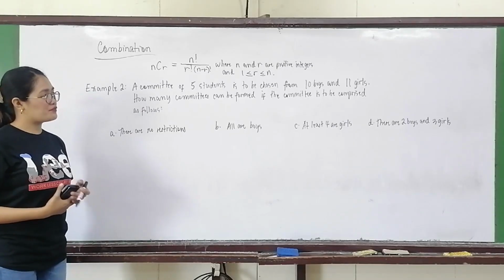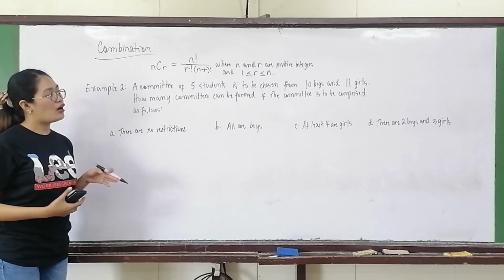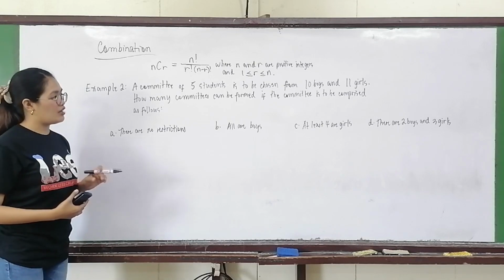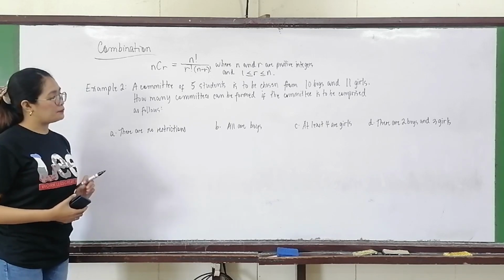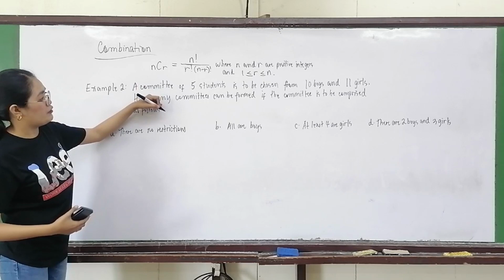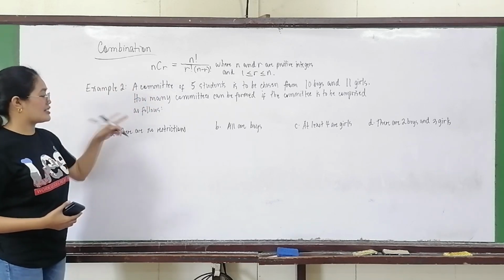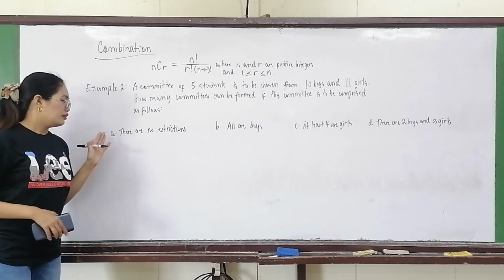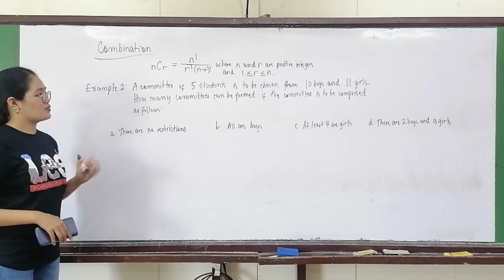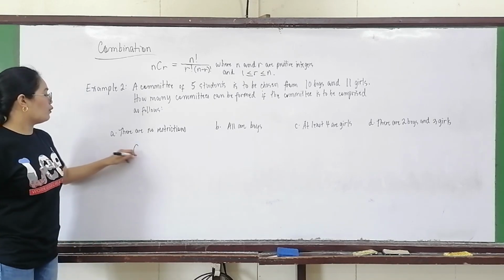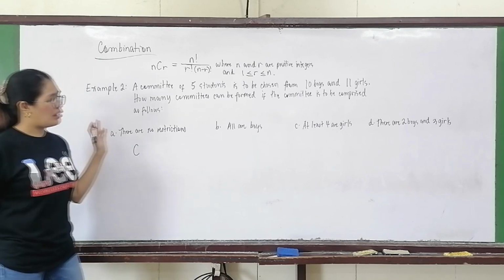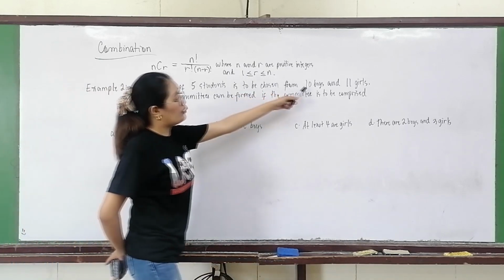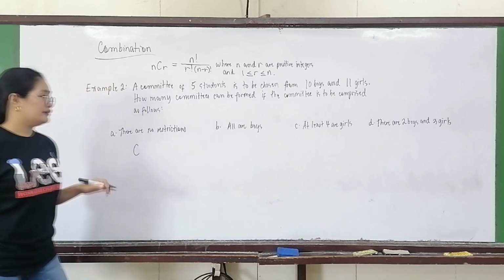A committee of 5 students is to be chosen from 10 boys and 11 girls. How many committees can be formed if the committee is to be comprised as follows? For the first item, there are no restrictions. With this, since we have no restrictions, our n would be 21, since we have 10 boys and 11 girls.